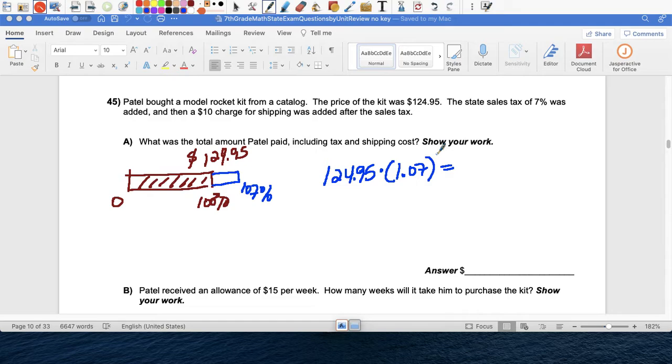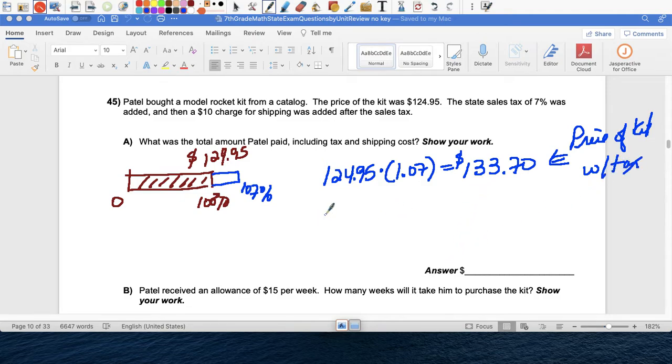124.95 times 1.07 is going to give us the price of the kit and the tax combined. So right now, his price just went up to $133.70 rounded. You can label this price of kit with tax.